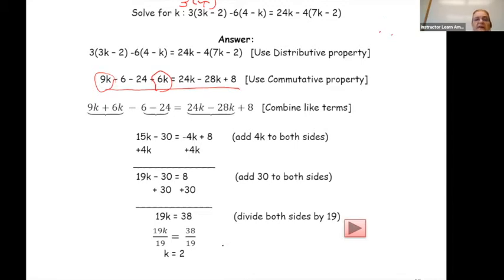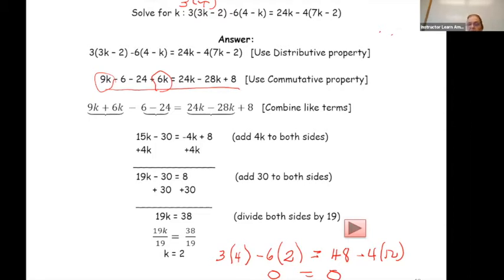Let's see if I can do it down here. 3 times 6 minus 2, which is 4, minus 6 times 4 minus 2, which is 2, equals 24 times 2, which is 48, minus 4 times 14 minus 2, which is 12. So we have 12 minus 12, 0, 48 minus 48, 0, and so the equation checks.